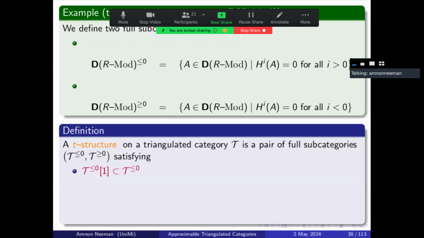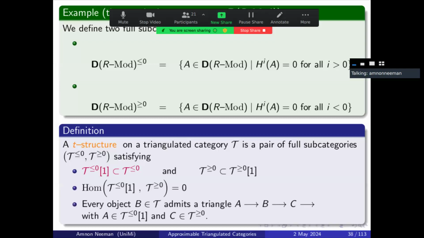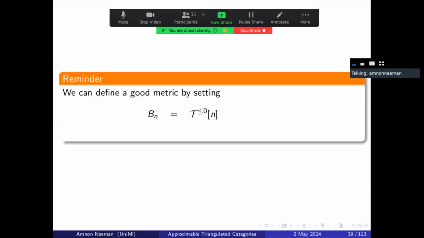Okay, but you do want it to be a good metric, and that means that the ball of radius 1 has to be convex, and the rest of the axioms guarantee this. So you can get a good metric by setting the ball of radius 2^{-n} to be the nth translate of the ball of radius 1. And normally this is denoted by T^{≤-n}.